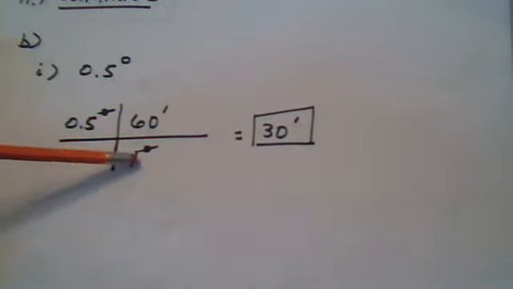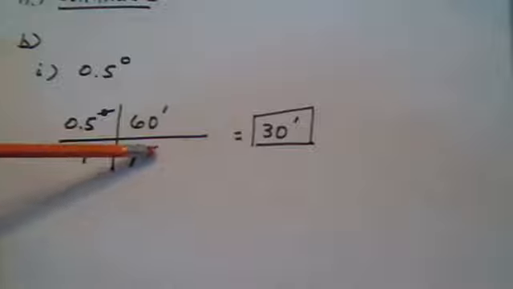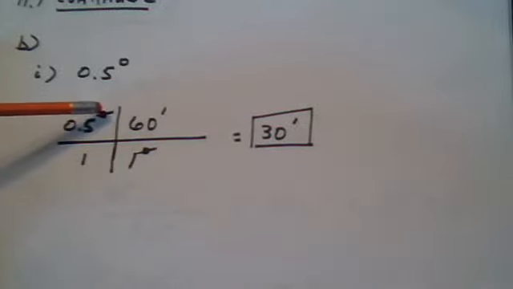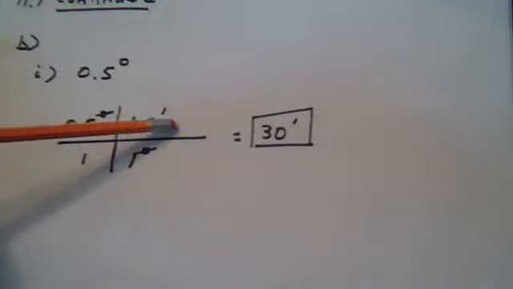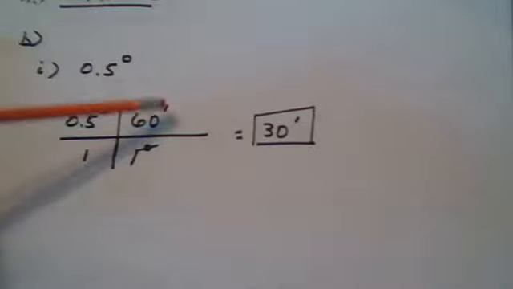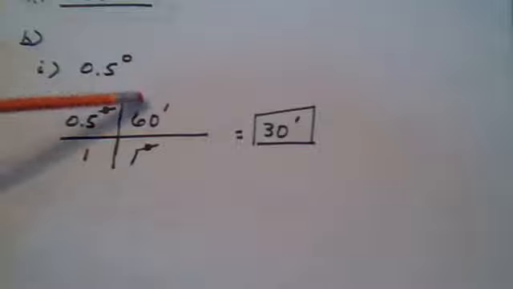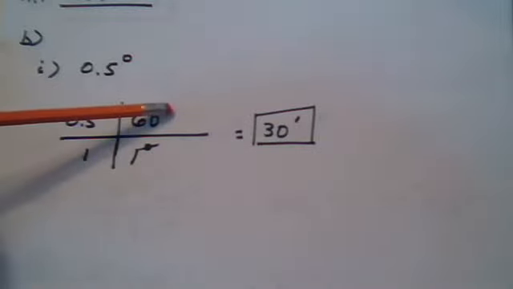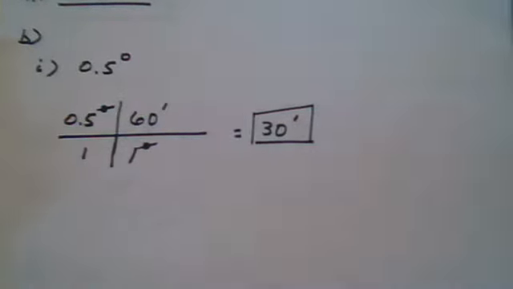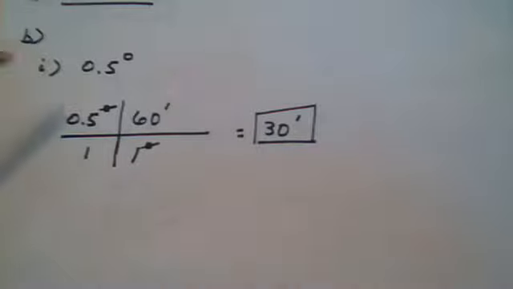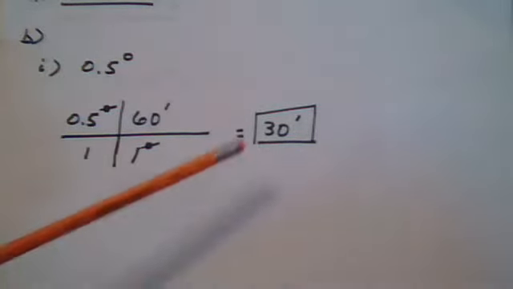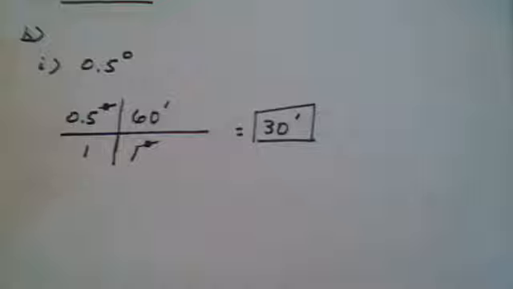So I put the degrees in the denominator so they could cancel with the degrees in the numerator, and that leaves us with the minutes. Now multiply straight across. Since this is a fraction times a fraction, multiply straight across, and you get 30 minutes. So 0.5 degrees is the same thing as 30 minutes, but we don't have this decimal anymore.